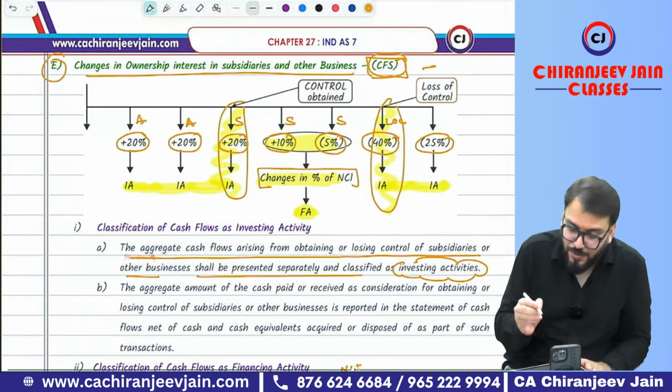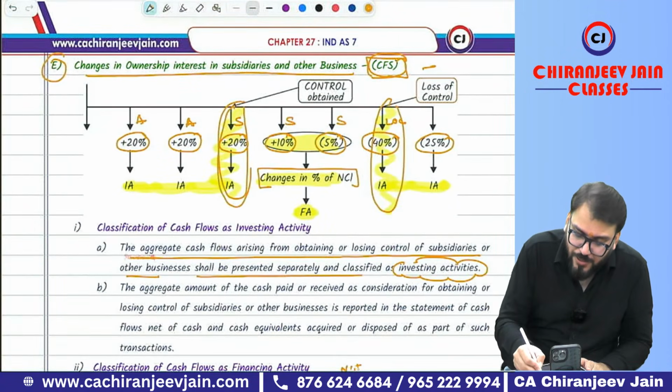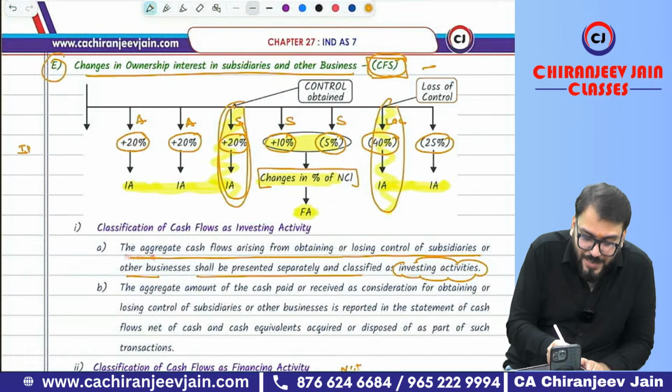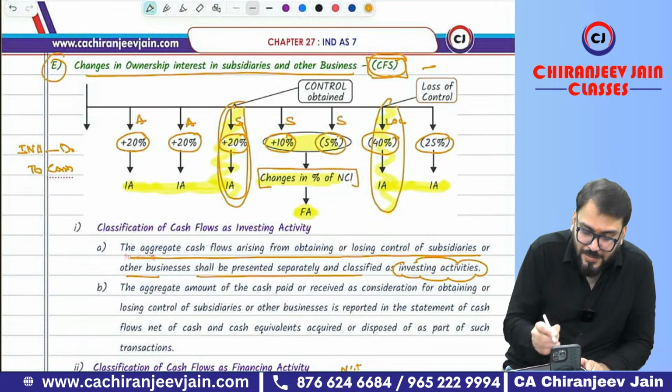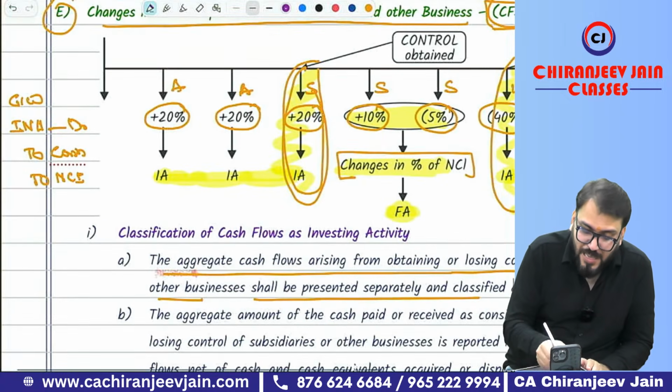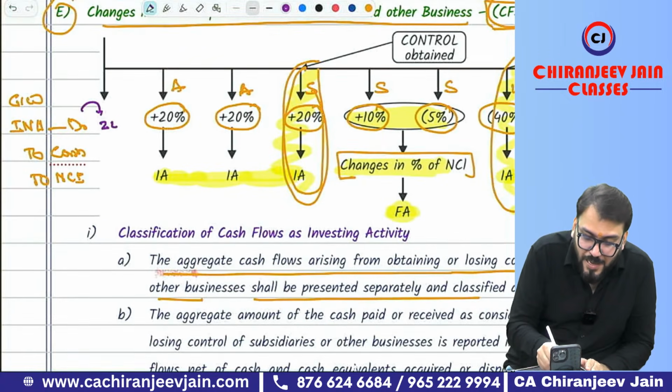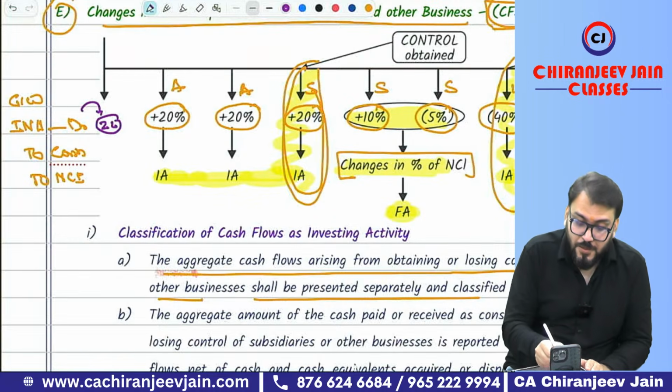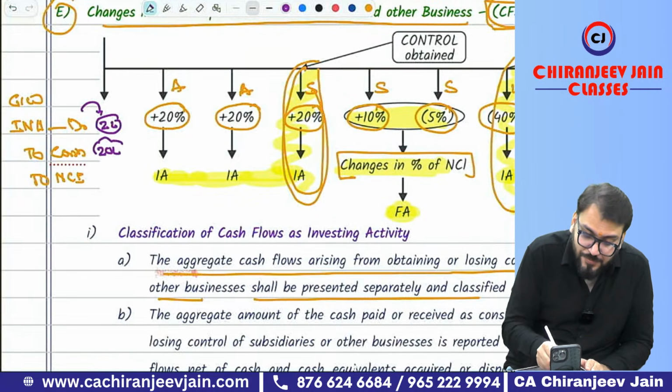Now just try to understand one more point. Whenever you obtain control, what journal entry do you pass? Investment in subsidiary account debit. Suppose consideration paid in cash, and to NCI. There may be goodwill. Now suppose this investment includes 2 lakh cash, meaning you received 2 lakh, and you paid 20 lakh cash.